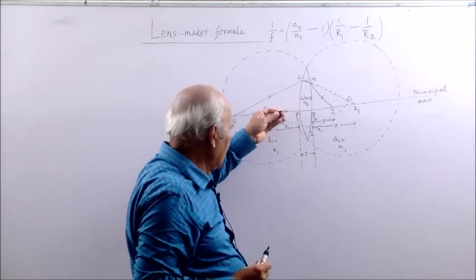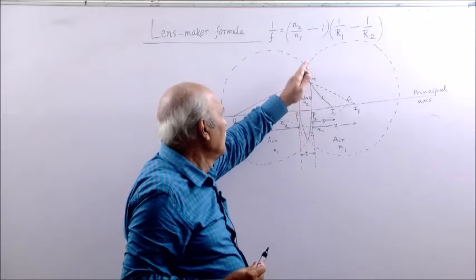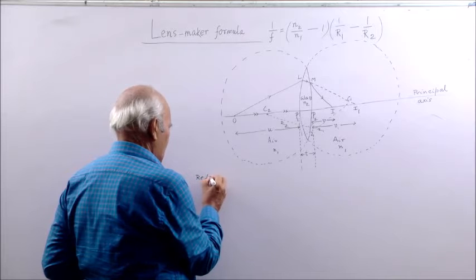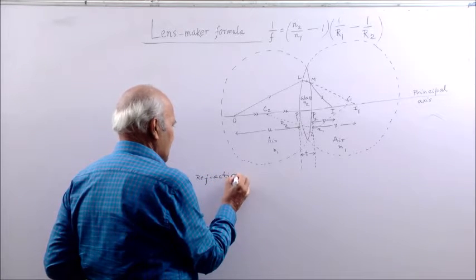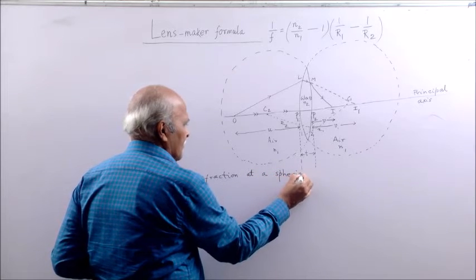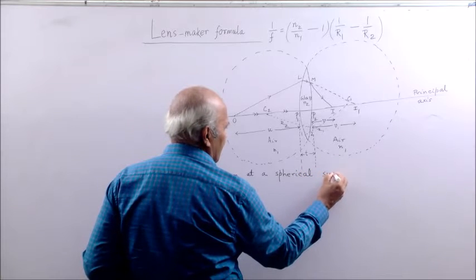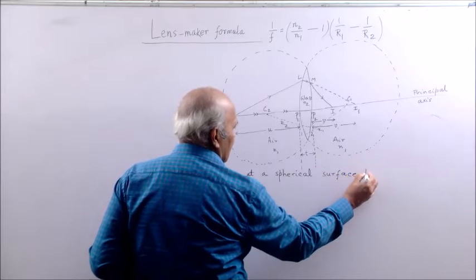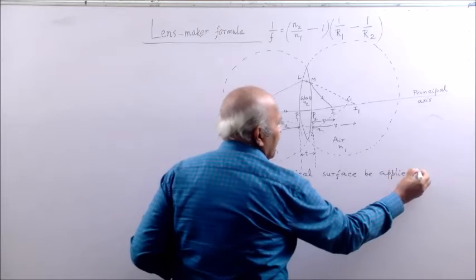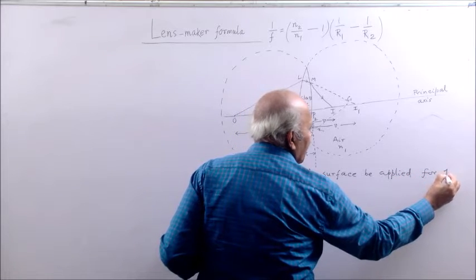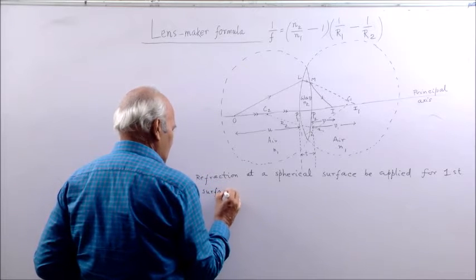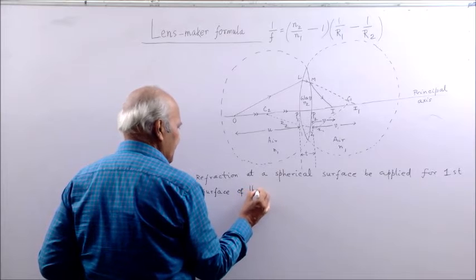Let us first apply the refraction at a spherical surface theory to the first surface of the thin lens.